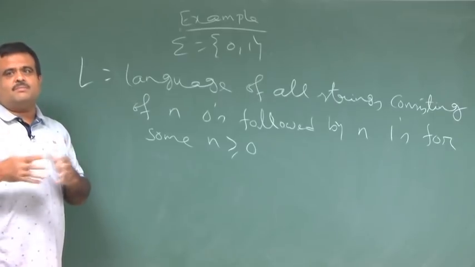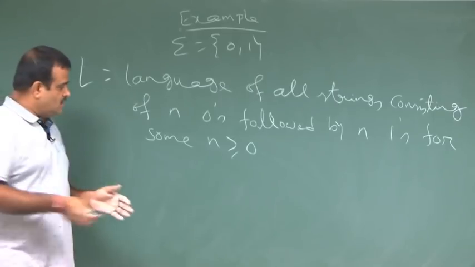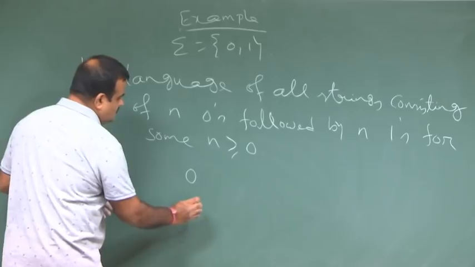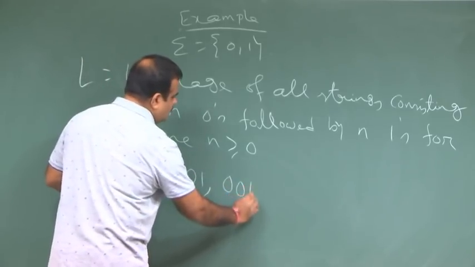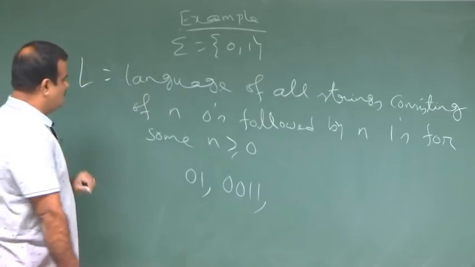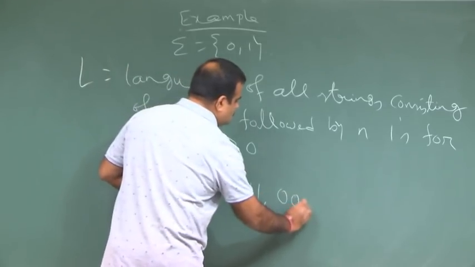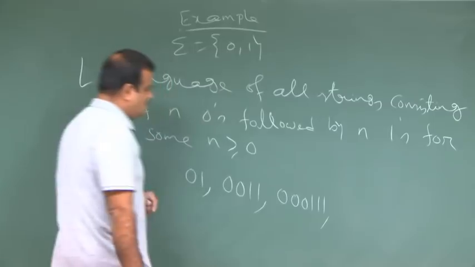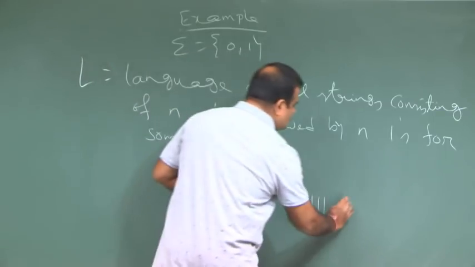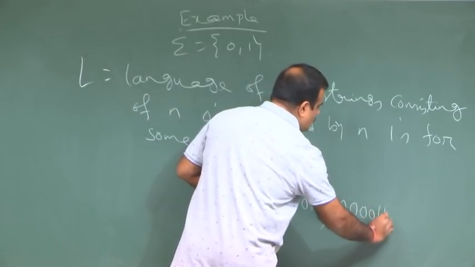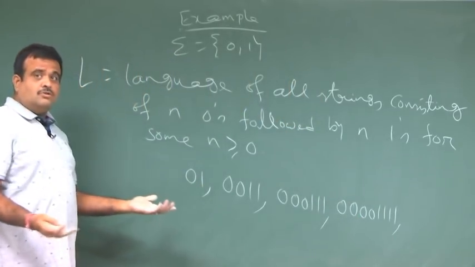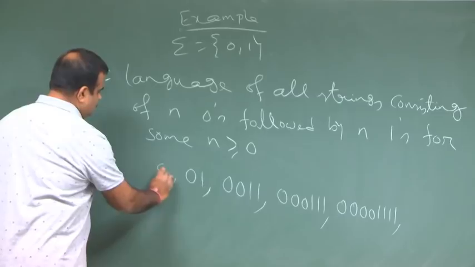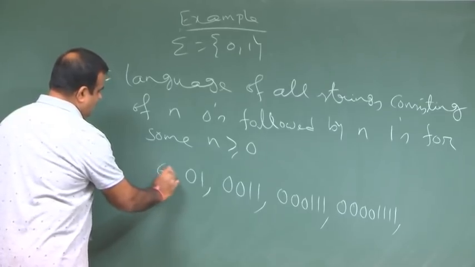So, the number of zeros and the number of ones are the same. Like 0 1 belongs to L, 2 zeros then 2 ones also belongs to L, 3 zeros 3 ones also belongs to L, 4 zeros 4 ones also belongs, and no zeros no ones, that is our empty string.